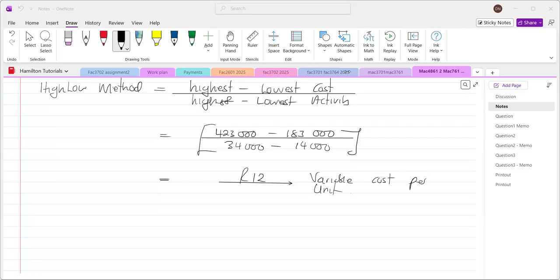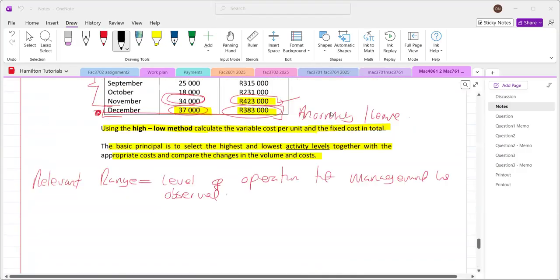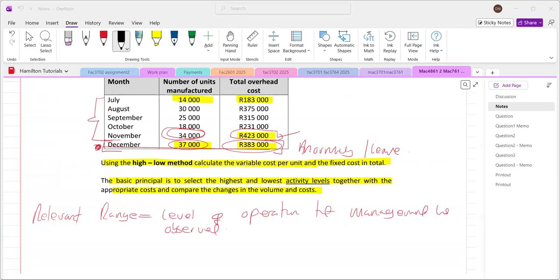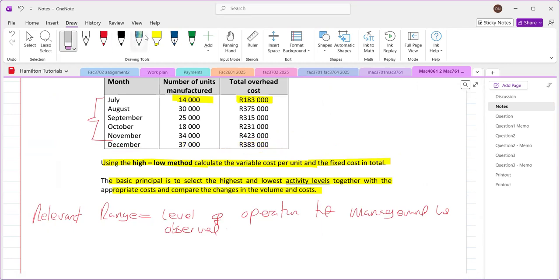There has to be consistency within the information that you have. So one of the easiest ways to check is that the highest cost must give you the highest number of units. So you will see here that when you look at the highest cost here, it is this one.